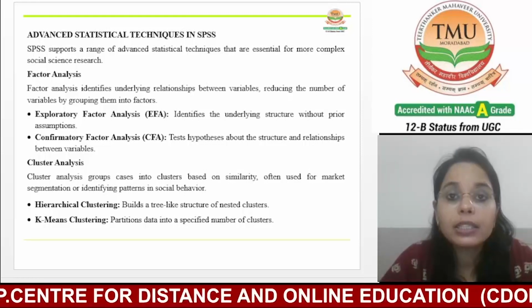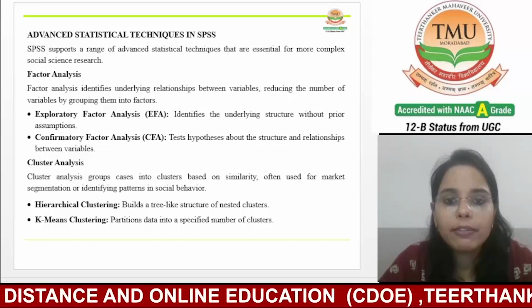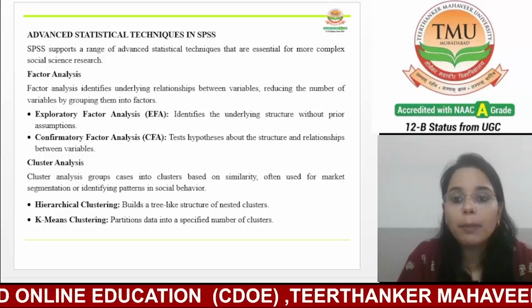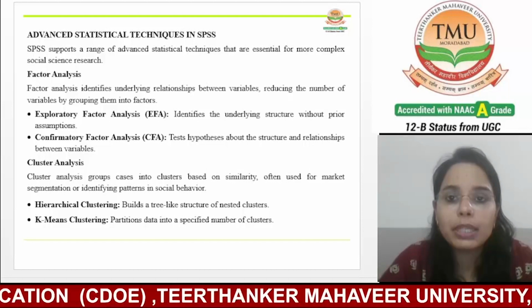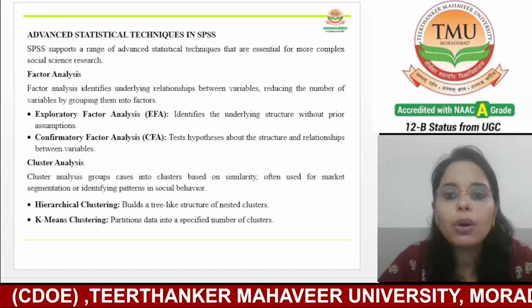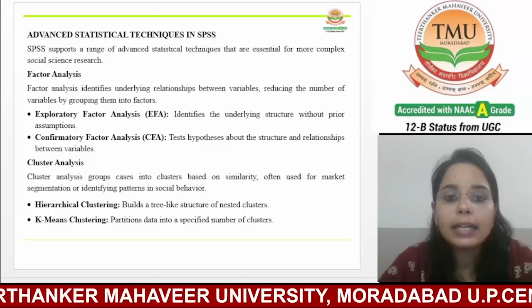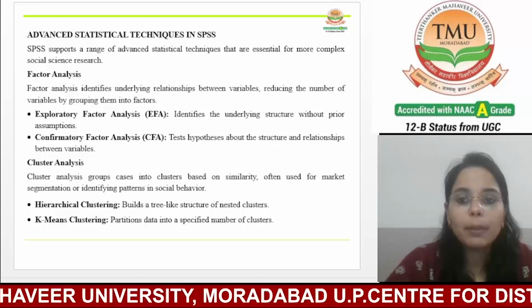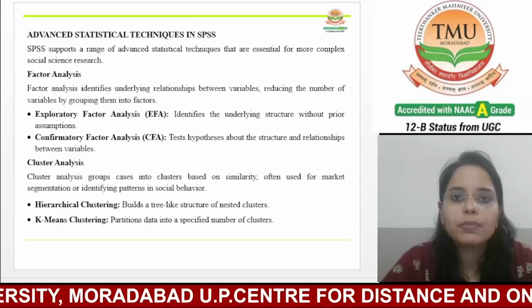Exploratory factor analysis is also known as EFA. Exploratory factor analysis is used when researchers do not have preconceived notions about the underlying structure of the data. The goal of EFA is to explore the data and identify the underlying factor structures without imposing any prior assumptions.